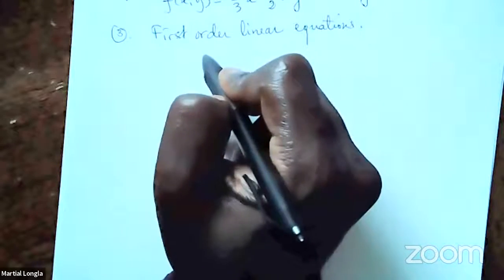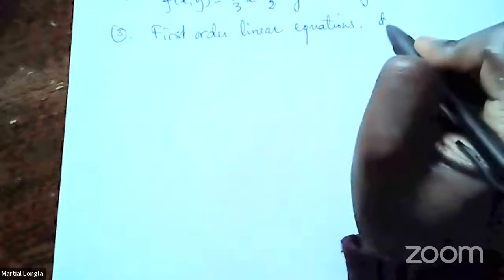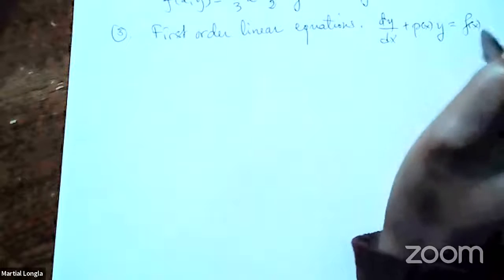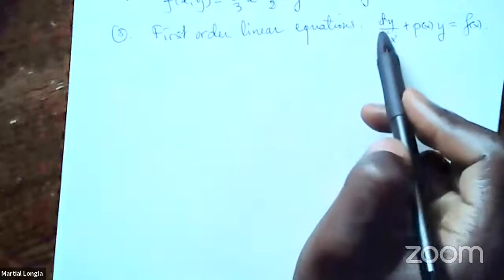And for first order linear equations, what you need to see is dy over dx plus p of x times y equals f of x. That's what you need to see in the standard form. So whatever you get as a problem, you make sure that you get that coefficient in front of dy over dx to be 1 before you start.